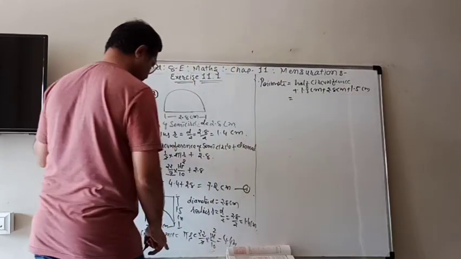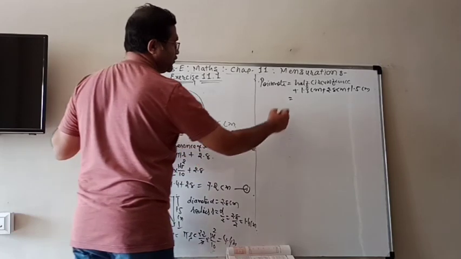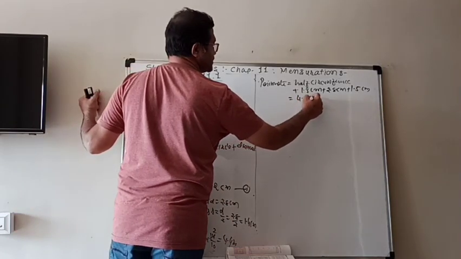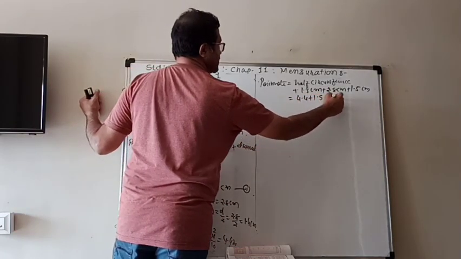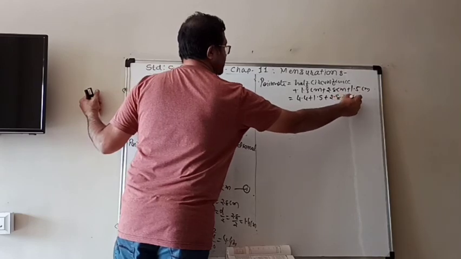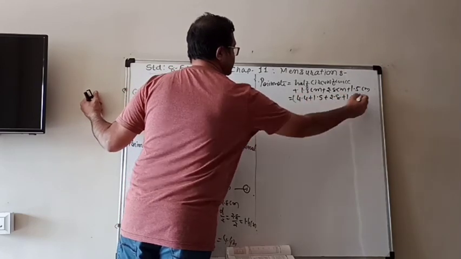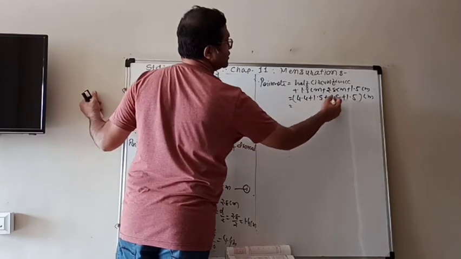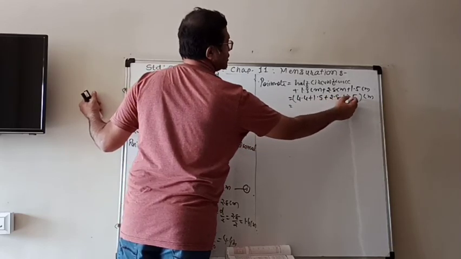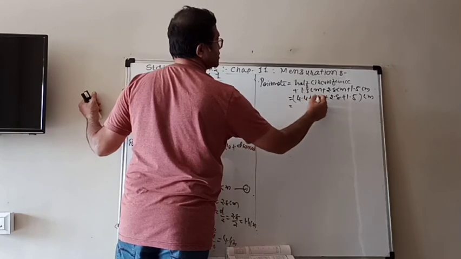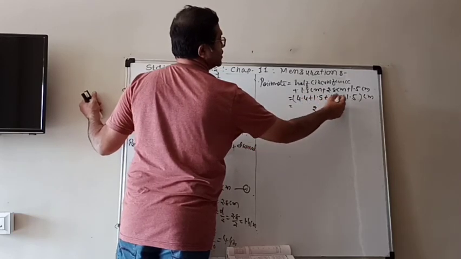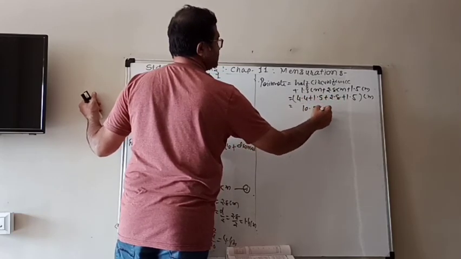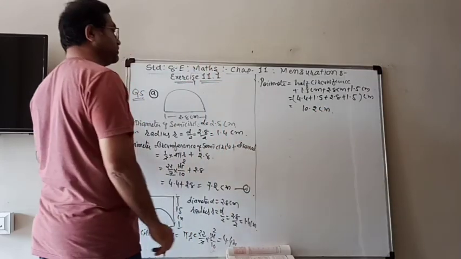So half semicircle circumference was 4.4. So 4.4 plus 1.5 plus 2.8 plus 1.5 centimeter, and that will be 10.2 centimeter.